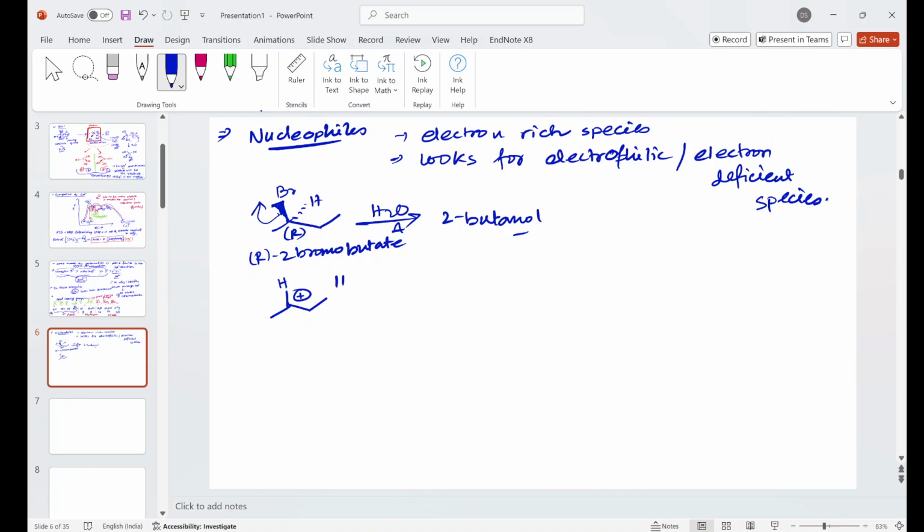Now H2O can come from here or from here, from both sides, and then you can have this intermediate, or you can have this one.